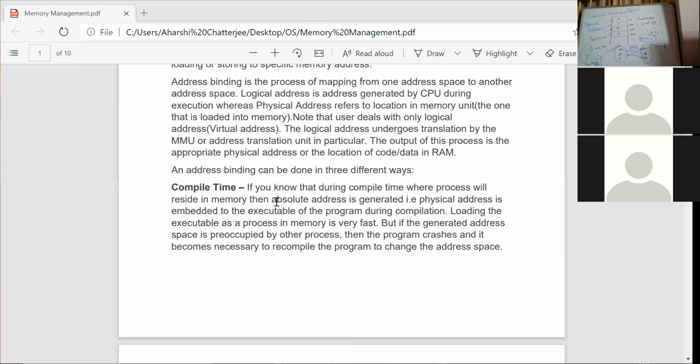During the compilation, the operating system knows that the process will be stored in memory location 200, suppose.